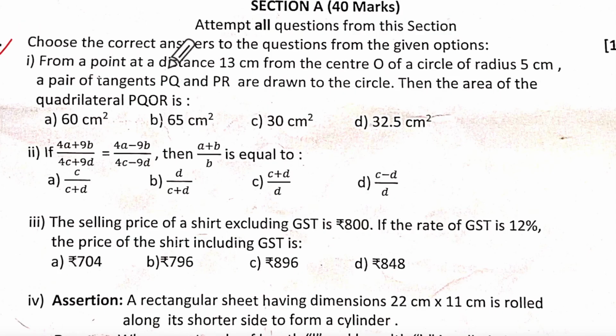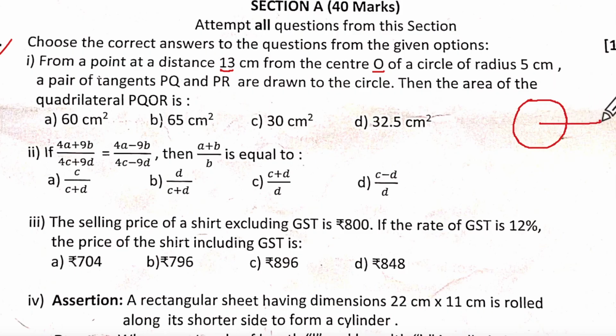From a point at a distance 13 centimeters from the center O of the circle of radius 5 centimeter, a pair of tangents PQ and PR are drawn to the circle. Even before we look at the question, we will not be able to do it mentally, all of us.